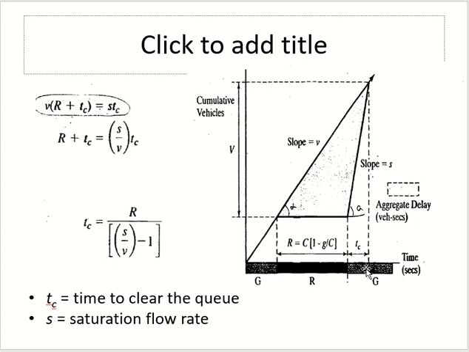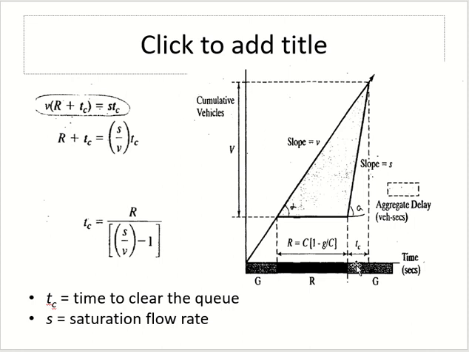R plus TC. This will give me the number of vehicles in the queue. Arrival rate multiplied by the red time and the clearance time. I can use the other line as well, the departure line. What is the slope of the departure line in red?